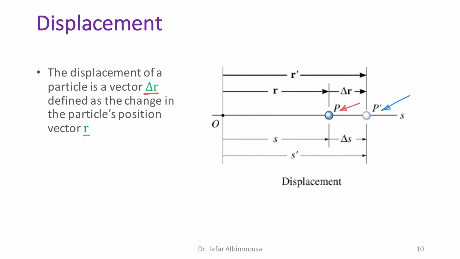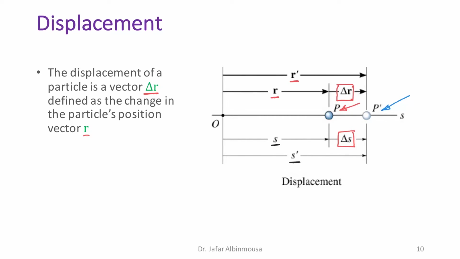So its position at P was S, and then at P prime it became S prime. So the change in the position is delta S. Similarly, the position vector at P is R, and the position vector at P prime is R prime, and the change in the position vector is delta R.